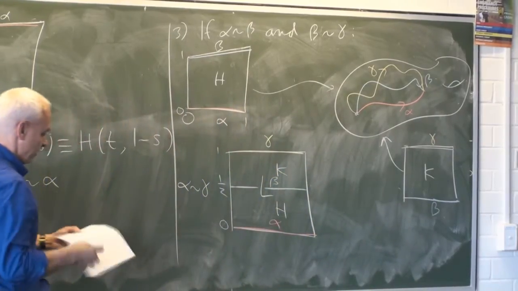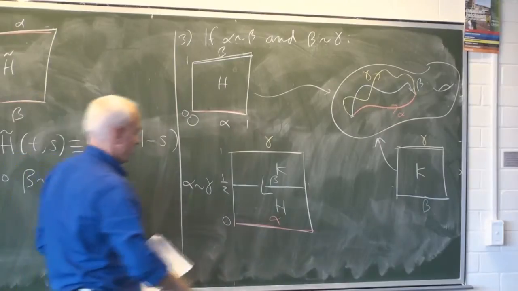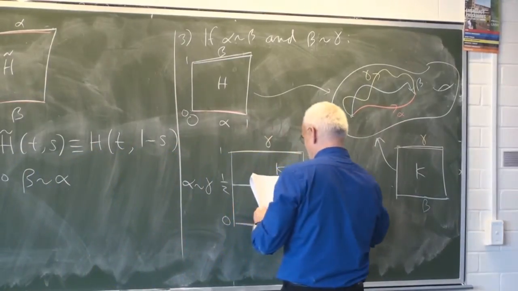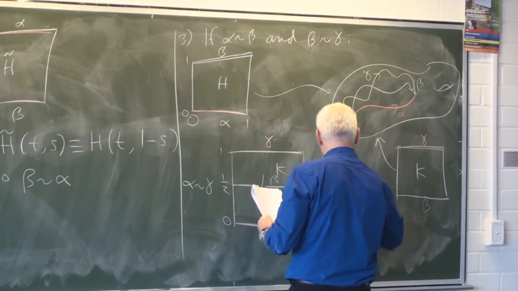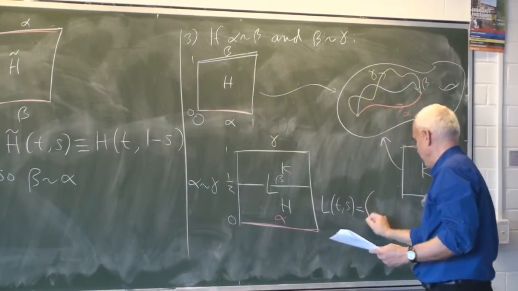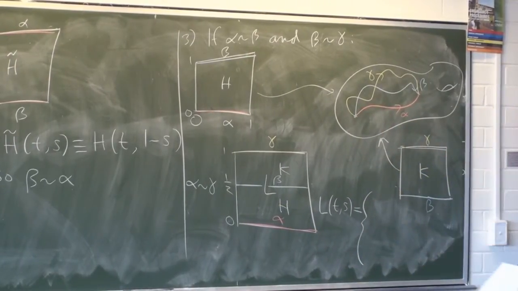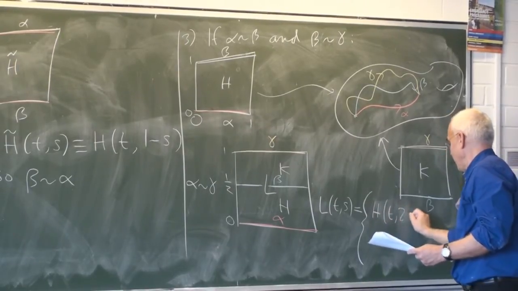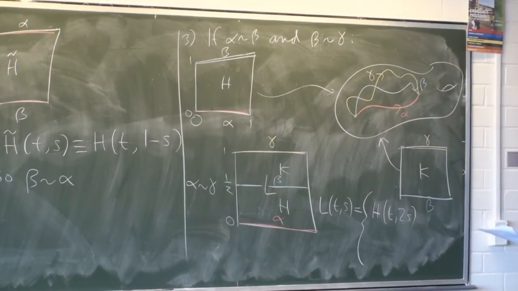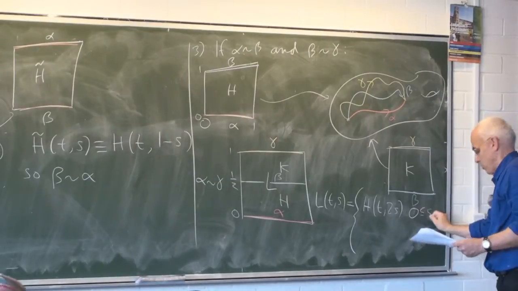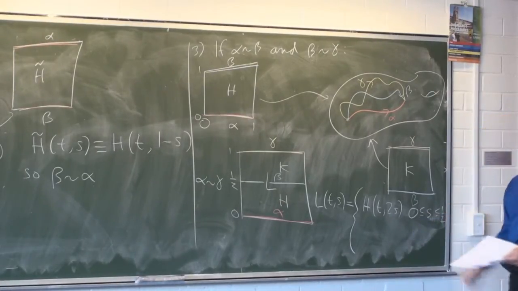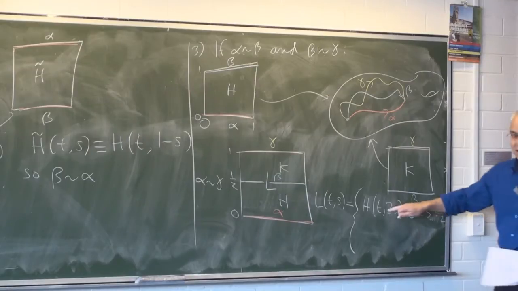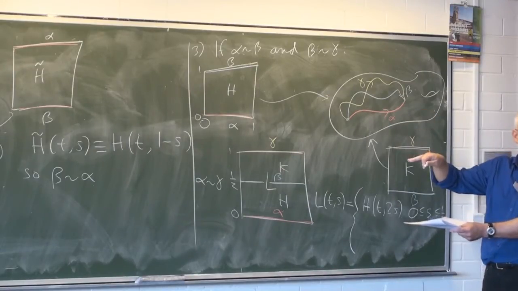Okay, and how do we write that in terms of formula? So here's the formula. We say that L of t and s equals two possibilities. H of t, 2s for s between 0 and a half. That's effectively squishing H down.